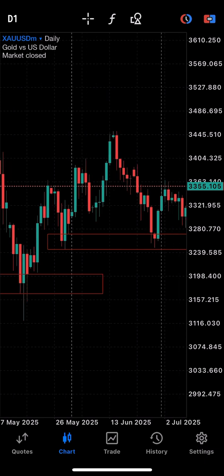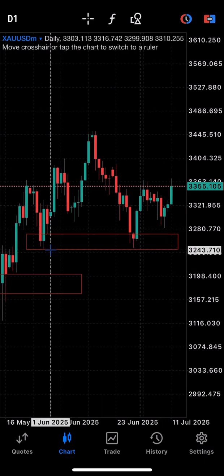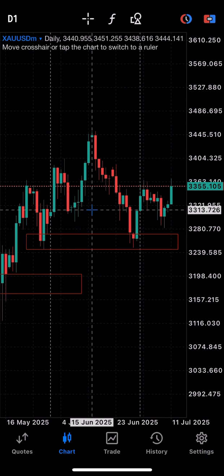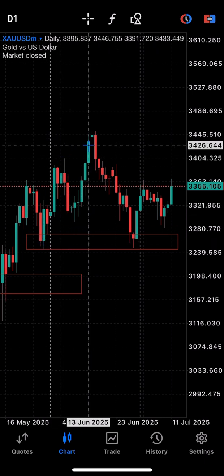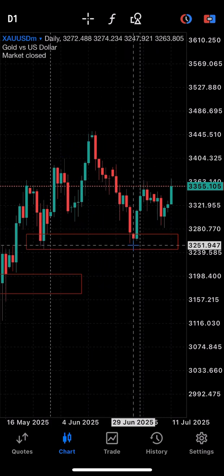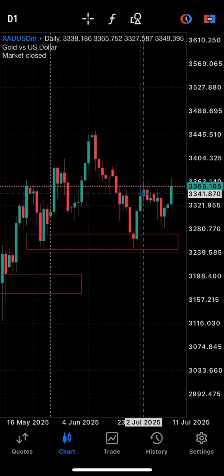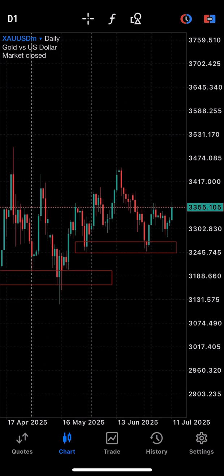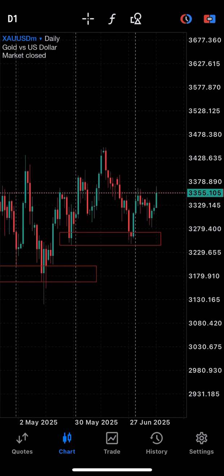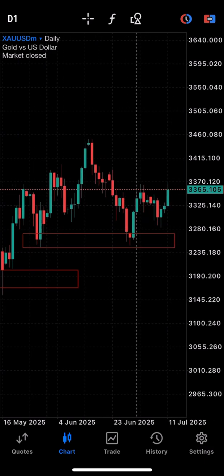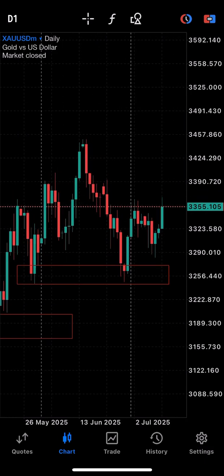We can clearly see this demand zone on the daily time frame, which the market reacted from first, and this is the second time the market is reacting to the zone. So with these two structures here, we can see that the market is in an uptrend.